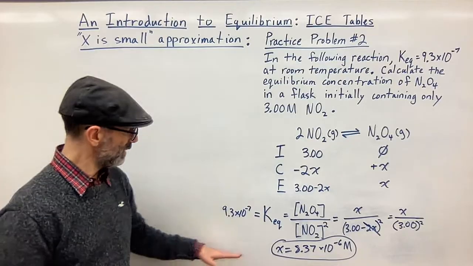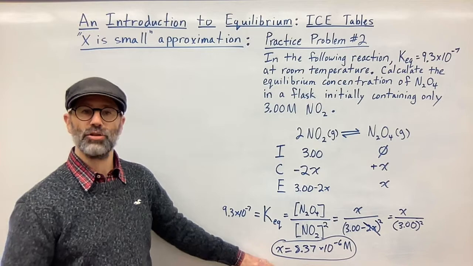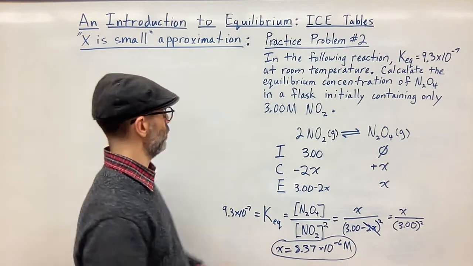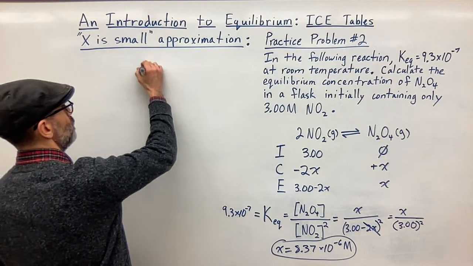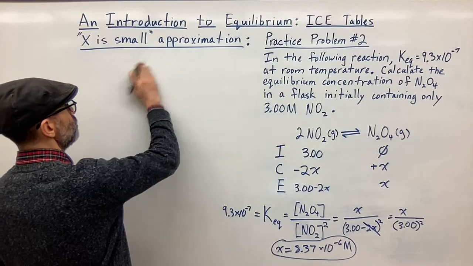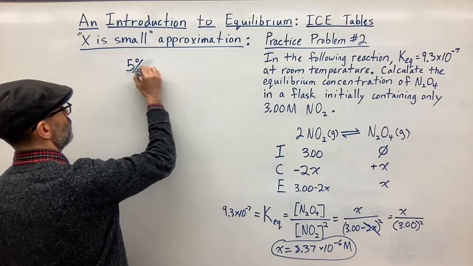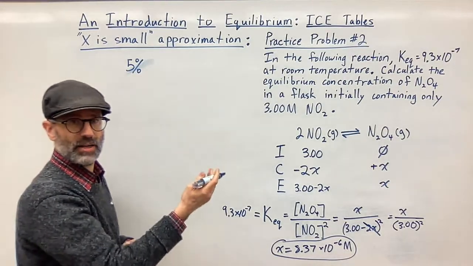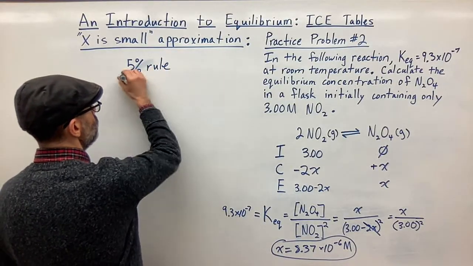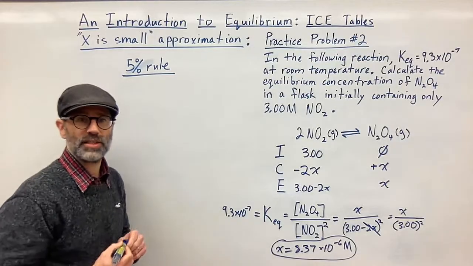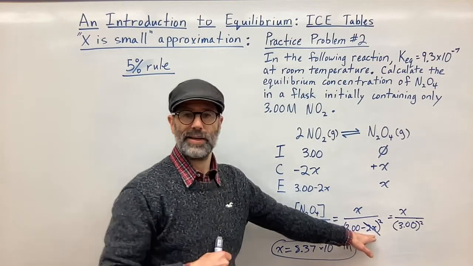Now, is this a valid assumption? How do I check it? I use the 5% rule. What's the 5% rule, you ask? Well, I'm glad you asked. The 5% rule is basically a way of verifying that your assumption here is valid.